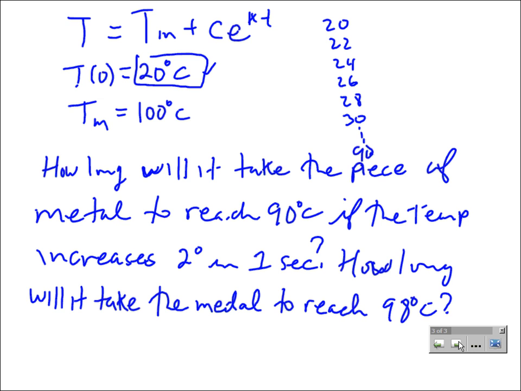Now you can figure out how many 2's you have to add to 20 to get to 90. You have 20 and you want to add 70, which is 2 times 35 to get 90. So I suspect it's going to take 35 seconds. Which actually is very quick.